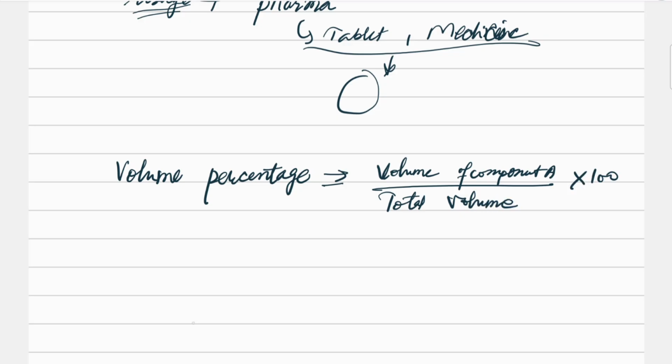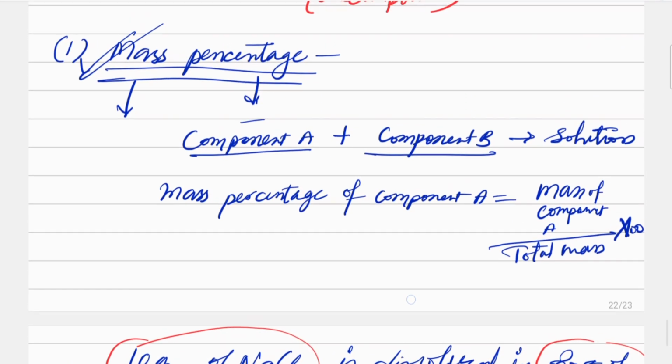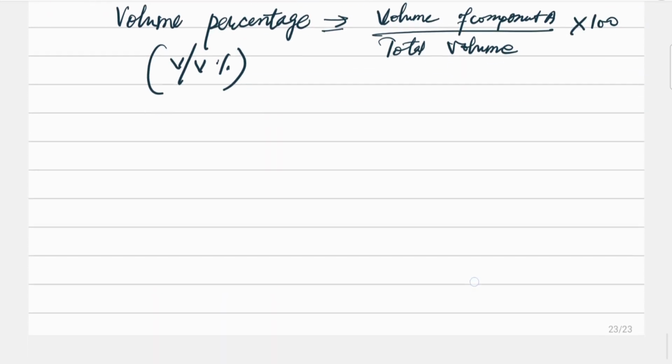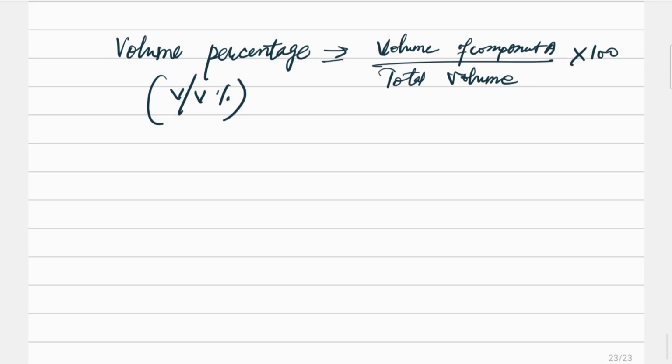It is also represented as V by V percent. Mass percentage, on the other hand, is written as W by W percent. Whenever you see this kind of symbol on any tablet or medicine, remember that we have used weight by weight, or mass percentage, and when this other symbol is used, it is volume by volume percentage.